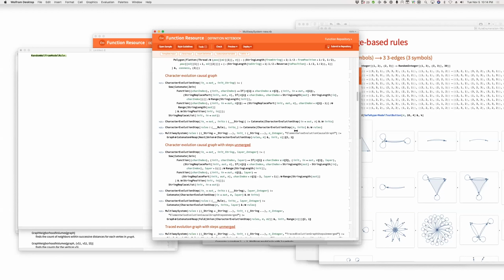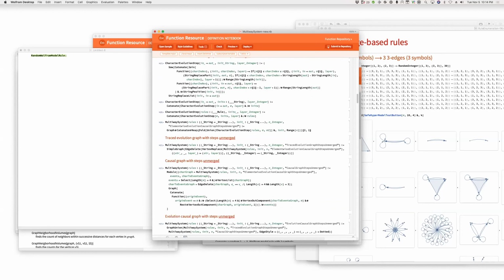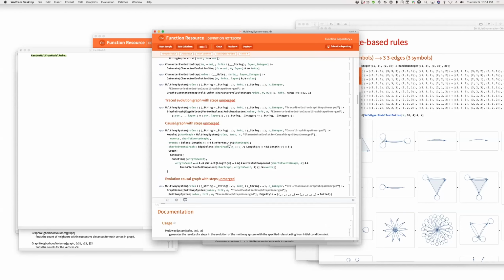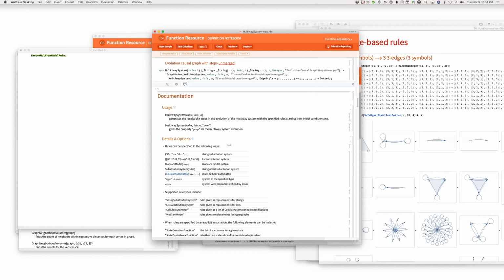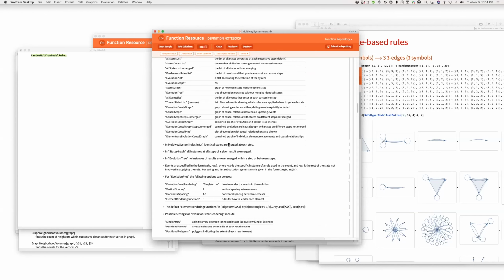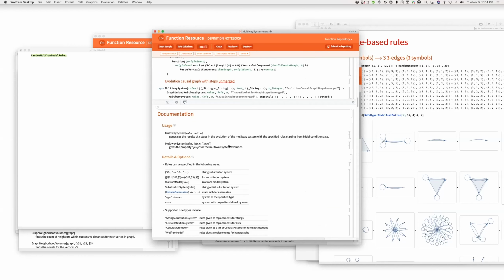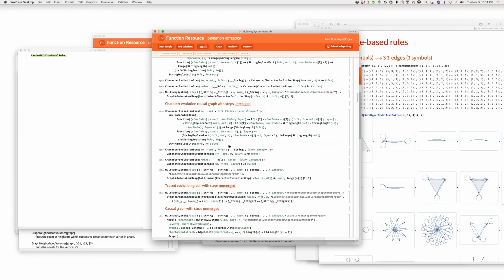So the character evolution causal graph, I have no idea what that is. And this unmerged graph stuff, I don't know what to do with that. Is that your code? Whose code is that? It's not mine. Okay, who knows about the character evolution causal graph?